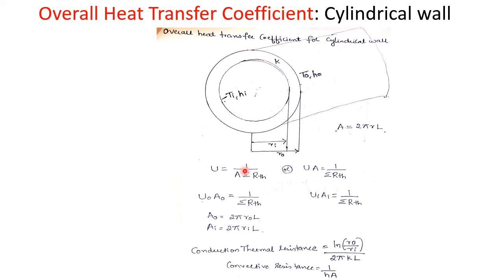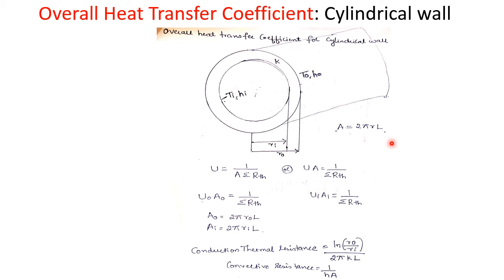So in case of cylindrical system, the area normal to the direction of heat flow is 2 pi RL, and this area clearly varies with R. As R varies, the surface area of the cylinder is also going to vary.